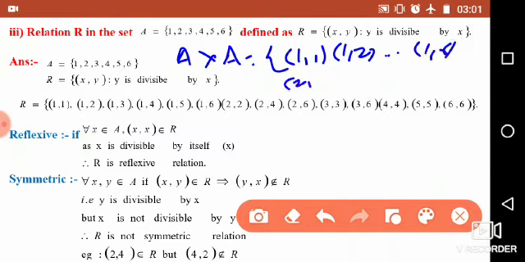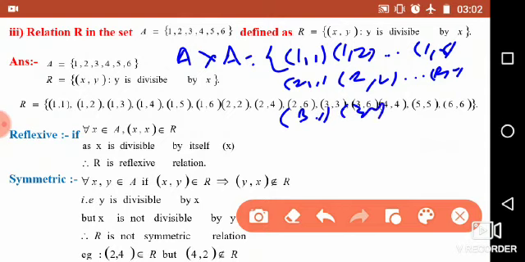Then we have (2, 1), (2, 2), up to (2, 6), then (3, 1), (3, 2), (3, 3), and so on up to (3, 6), and so on up to (6, 1), (6, 2), (6, 3), (6, 4), (6, 5), (6, 6).